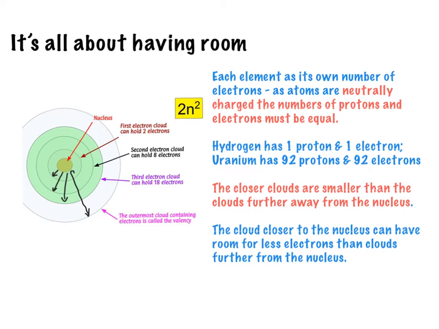Now size does matter. As I've said up the top here, it's about having room. So if we've got a small circle, we haven't got much room to fit many electrons. If we've got a bigger cloud, we can fit more electrons. If we've got a bigger cloud again, we can fit more electrons again. And if we've got a huge cloud out on the outside, we can fit a lot more.